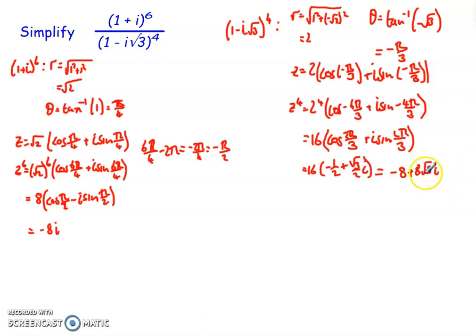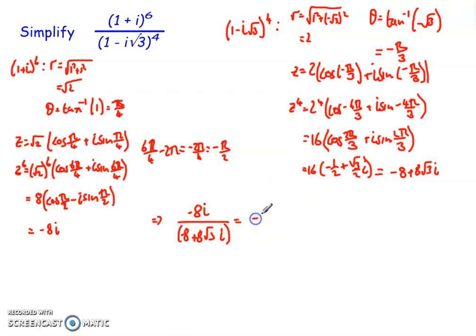So I've got that for the denominator, I've got this for my numerator. If I then stick it together, I get negative 8i over negative 8 plus 8 root 3 i. What I could have done, if I fancied it, was take 8 out as a common factor on the bottom and the numerator to cancel it all out.